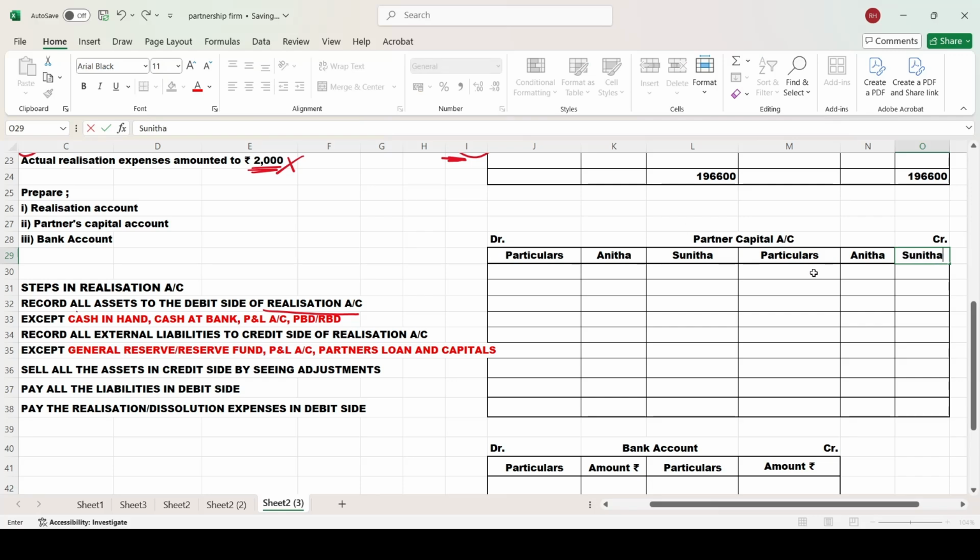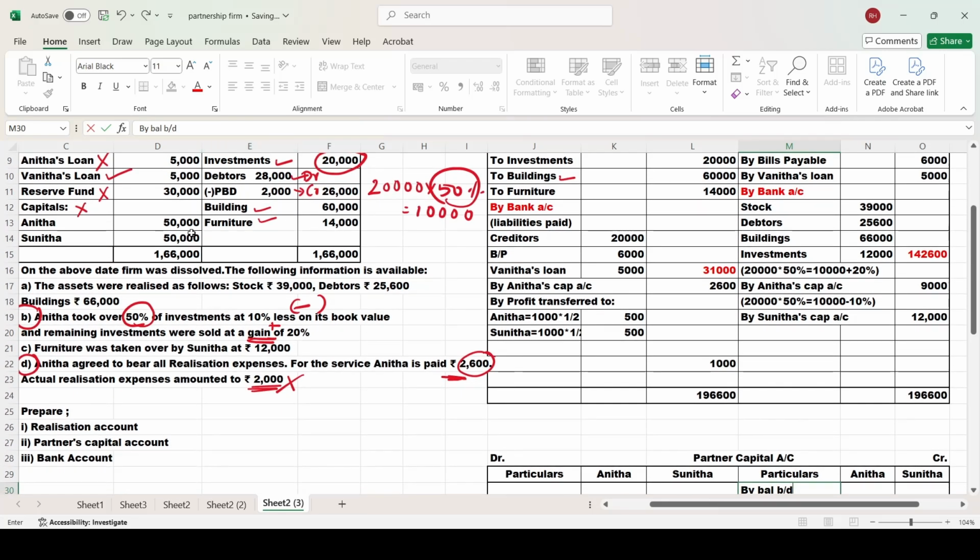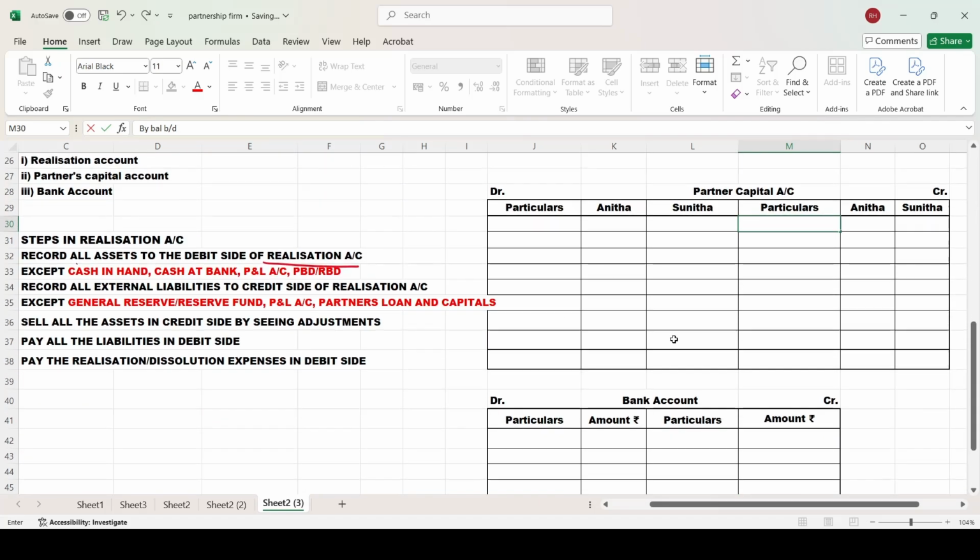First we'll record the capitals of the partners given in your balance sheet. It will be taken to the credit side of your partners' capital account by balance brought down. Anita, it is 50,000. Sunita is also 50,000. We'll record 50,000 and 50,000.